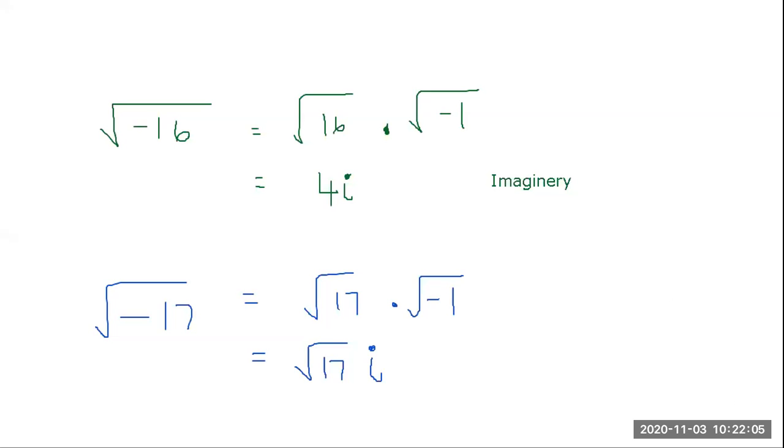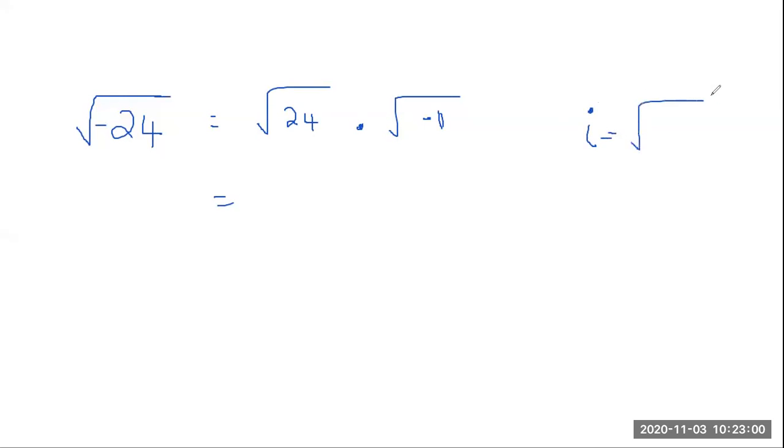Let's do one more example. Square root of -24. I'm going to split this up. Square root of 24 times square root of -1. i, this new variable, is equal to square root of -1.